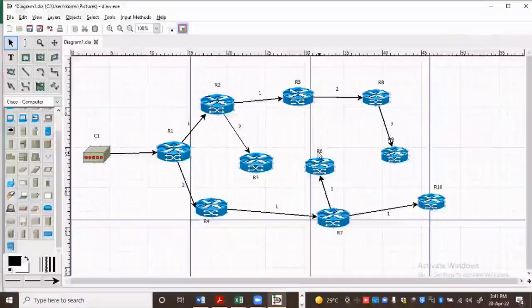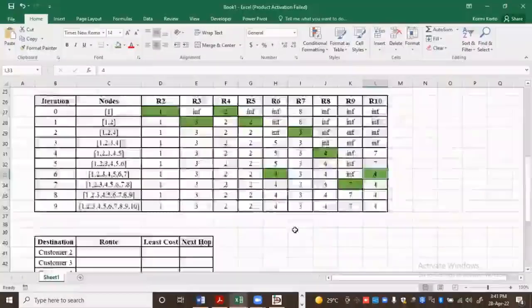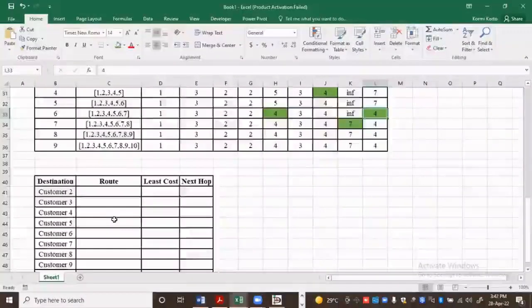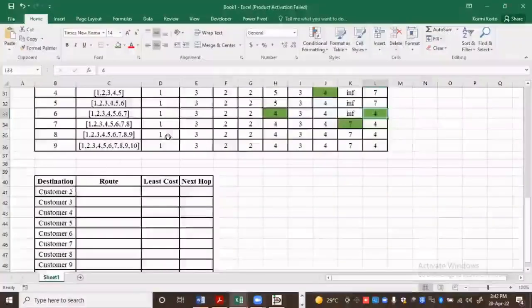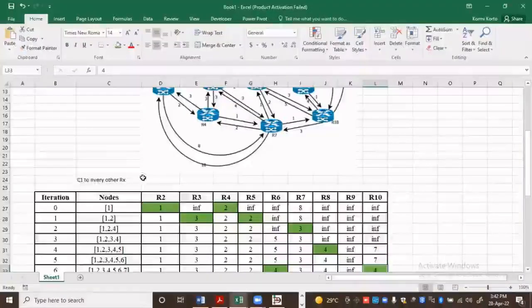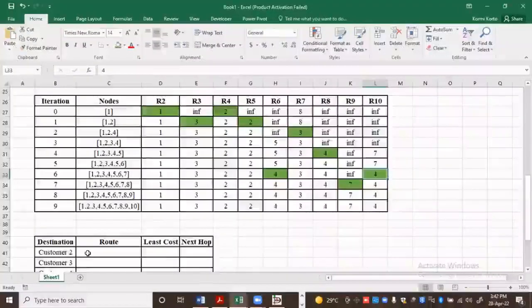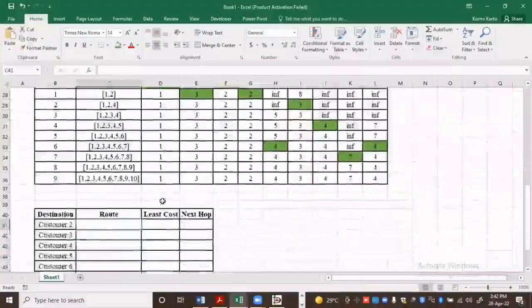Okay? So now with this, we can go ahead and tabulate our route and least cost. So to get from customer 1 to customer 2 connected to R2, the least cost was going through R1.